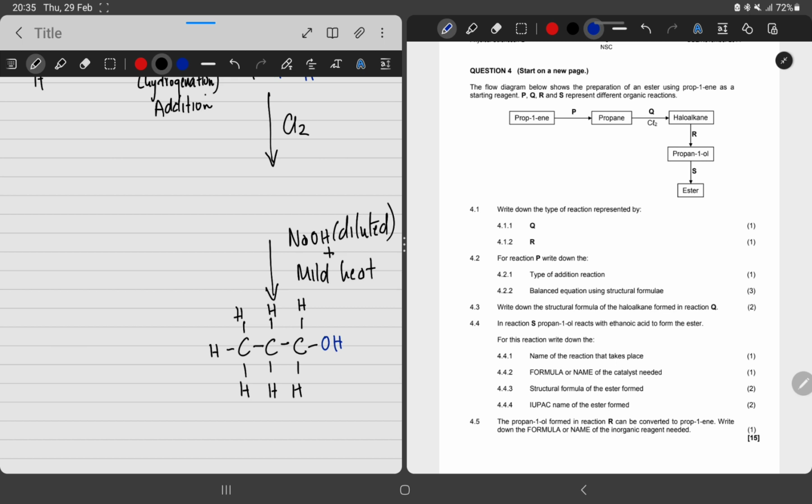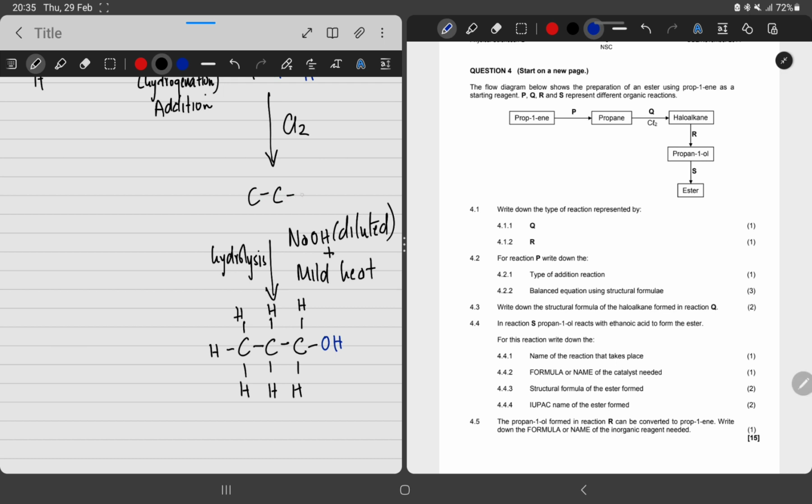Okay. And then hydrolysis is a substitution reaction. So we just have to substitute the halogen in the haloalkane to produce the corresponding alcohol.